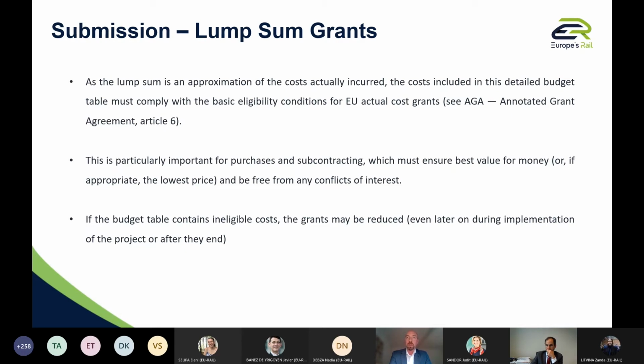And once you are internally preparing this and consider that the subcontracting you would like to use answers these conditions, then it could be included in the proposal and in the preparation budget table. So at the ex ante stage, when we are assessing your proposal, if the budget table contains ineligible cost, then in that case, the grant may be reduced. So that means that we will eventually sign the grant at a lower value than was proposed. Next, please.